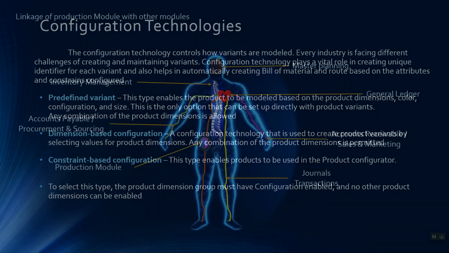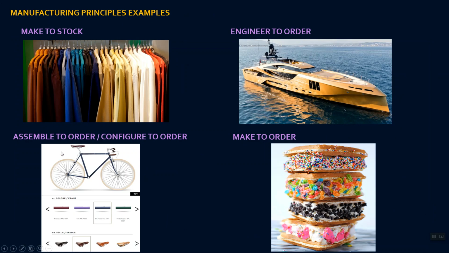So if you see this particular example, assemble to order, in this case you use a product configurator which helps users to select different options, and using this configuration technology you can also restrict what combinations a user can select. So this has a control over the ordering process.